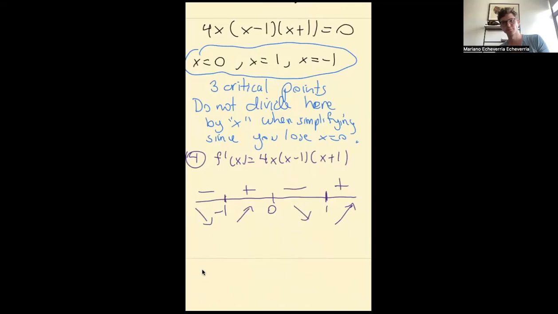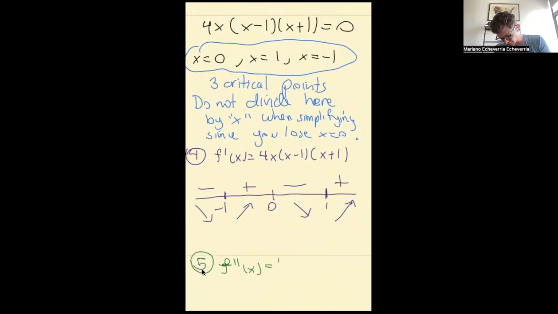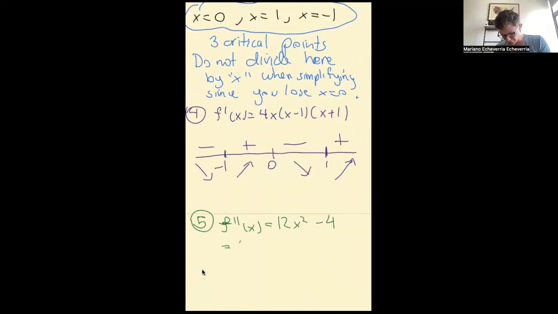Questions about this? And so in the last step, we have the second derivative, which was 12x squared minus 4. Again, you want to factorize as much as possible. So we can factorize first an x squared, so you get 3x squared minus 1. Can anyone see a way to factorize this a little bit more? What can you do here?